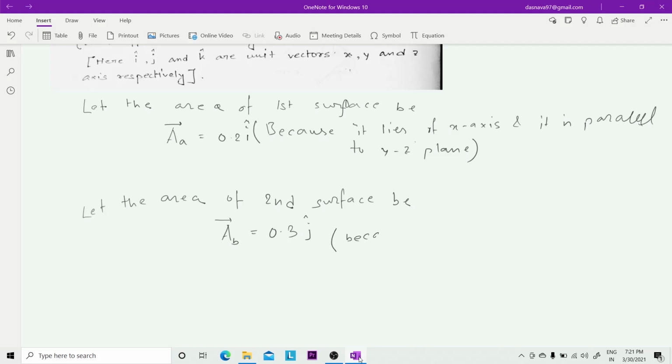Because it is given in the question that it lies on y-axis and it is parallel to xz plane, right?